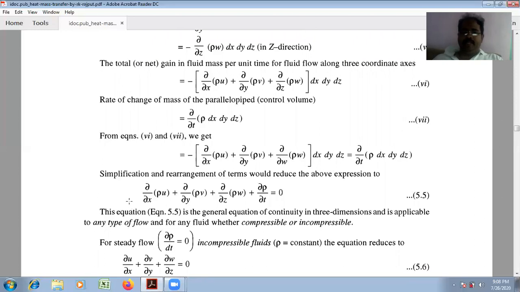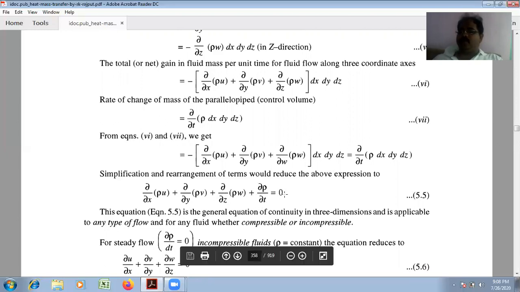So we get del upon del x of rho u plus del upon del y of rho v plus del upon del z of rho w plus del rho upon del t is equal to 0.